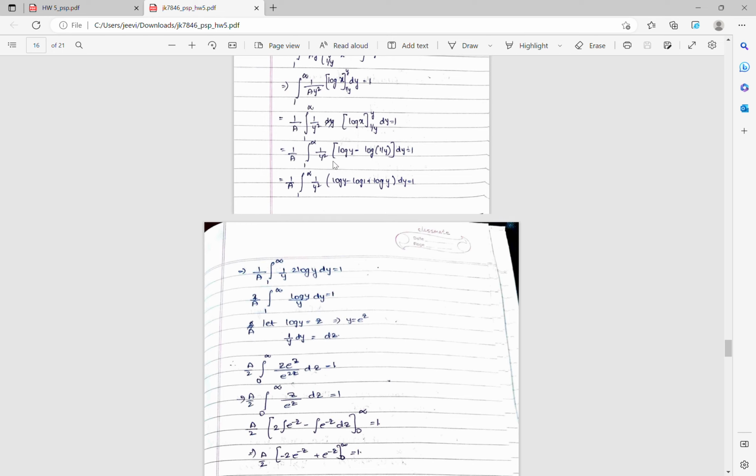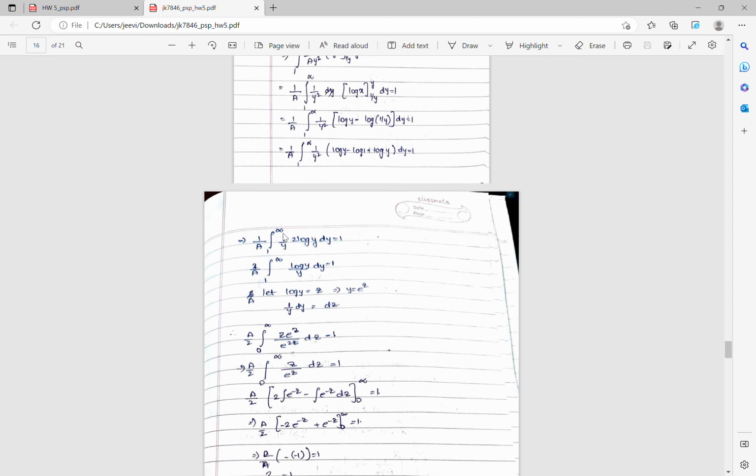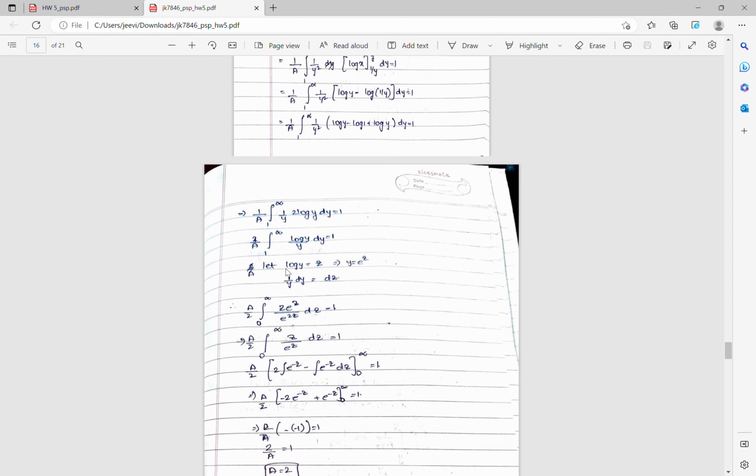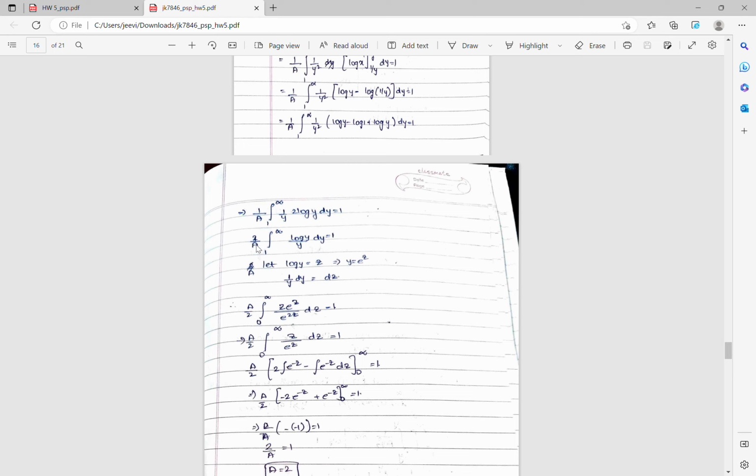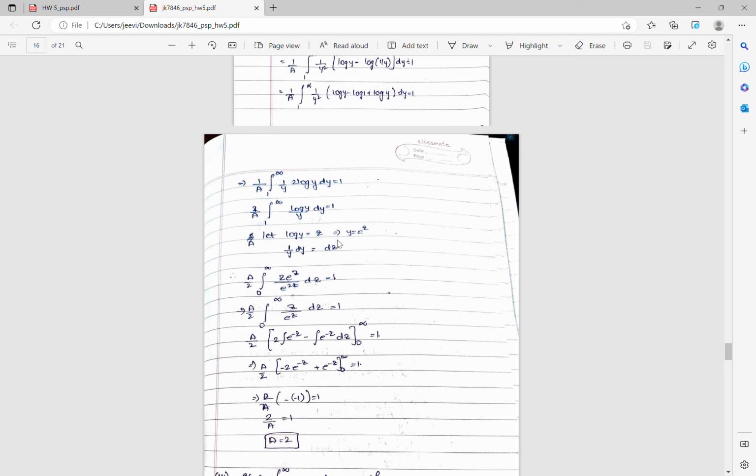Now we will be integrating with respect to y. Before we integrate it, this is the equation that we get, that is 1 by a into 2 into integral 1 to infinity log y by y dy, which is equal to 1. Now let us assume log y is equal to z, that is y is equal to e power z.